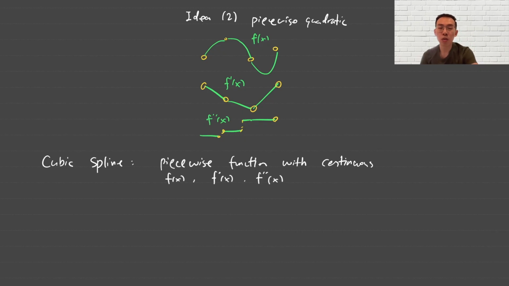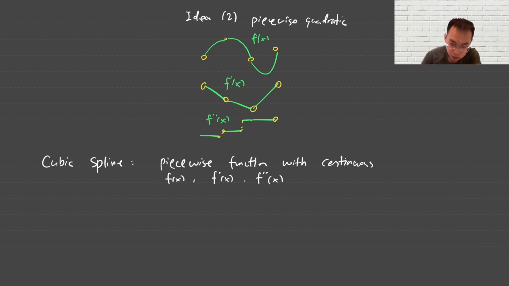So we want both the first and second derivatives to be continuous. That's when we have a very smooth fit of the curve. For our eyes, we cannot tell where the curve has those awkward turns. So that's really the idea.